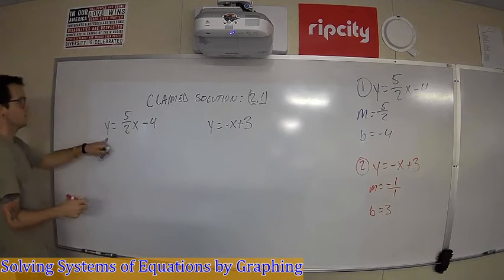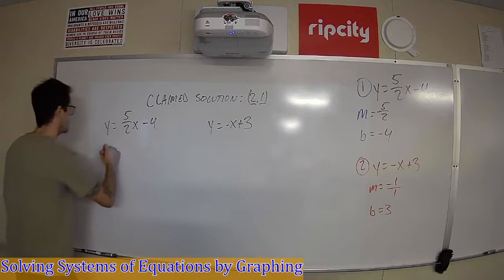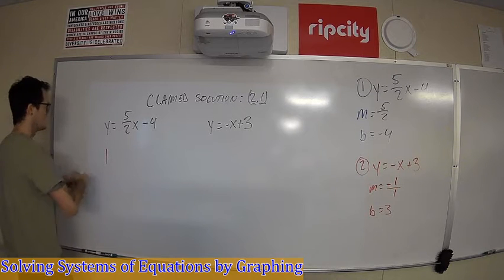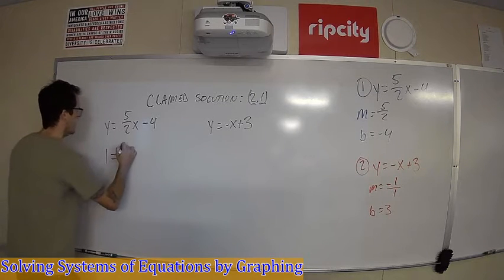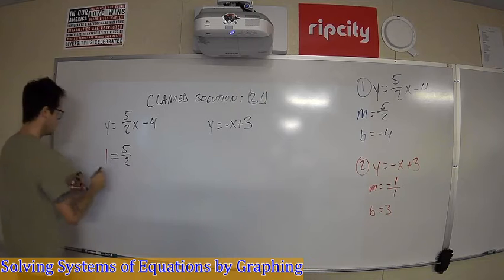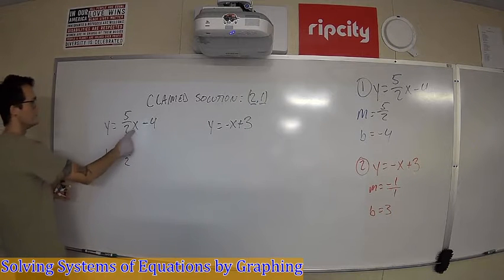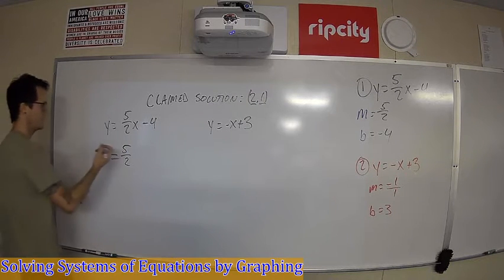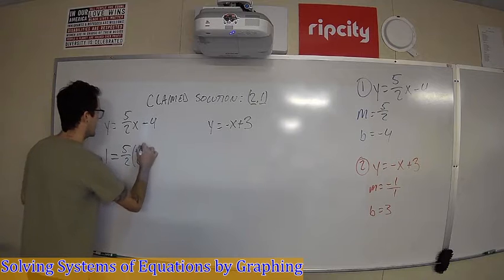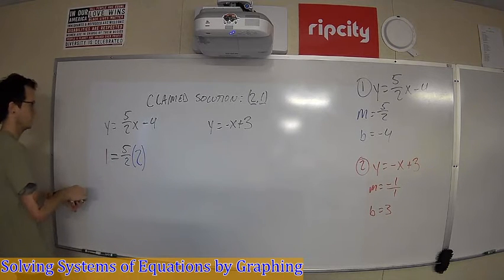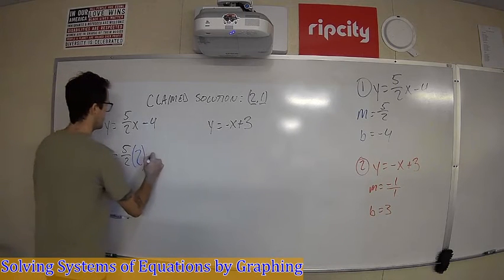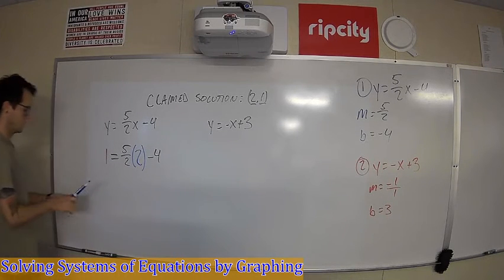So our y value is 1, so I'm going to say 1 equals, now our slope of 5 halves stays 5 halves, but we multiply it by x, and we claim that x equals 2. That's our belief at this point in time. We're here to check it. And then the minus 4 is still minus 4.